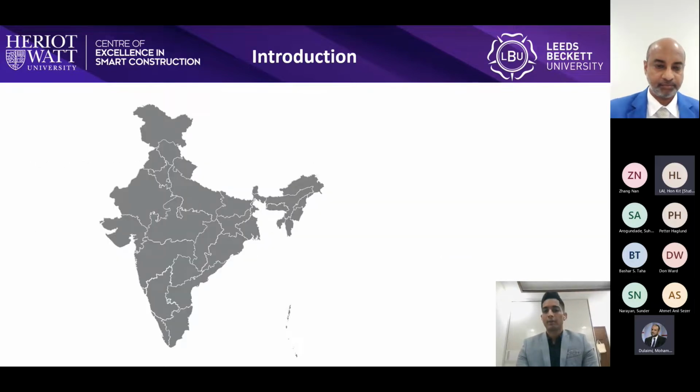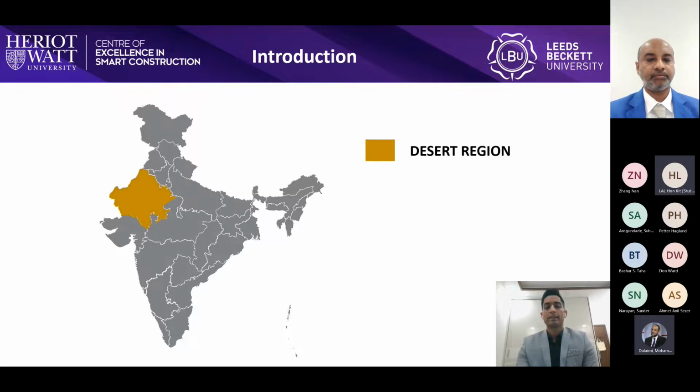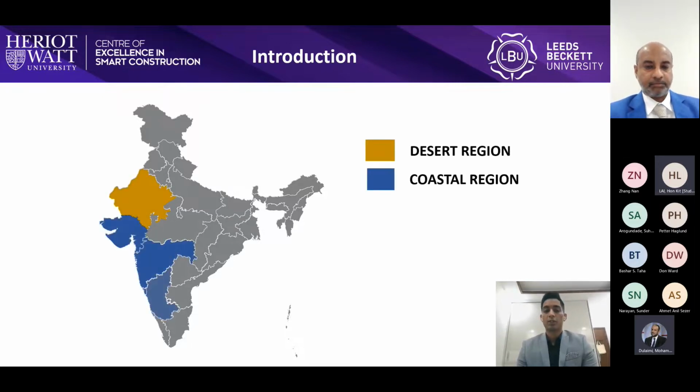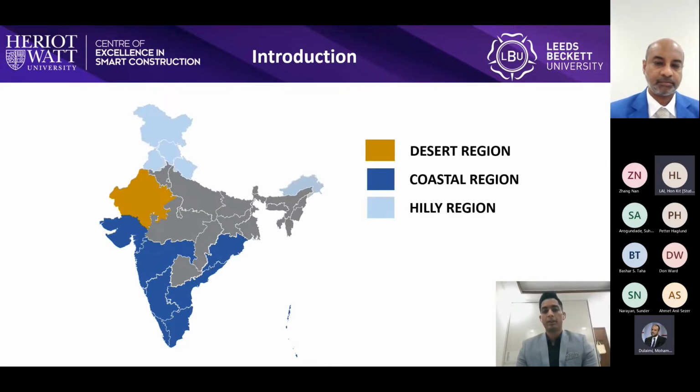Now, as we can see the map of India, we are going to categorize this map as per the regions in the previous slide. This is the desert region in the western part of India. This is the coastal region, which majorly comprises areas which have access to the waters, but also comprises minor hilly regions and plain area. This is the hilly region of India.